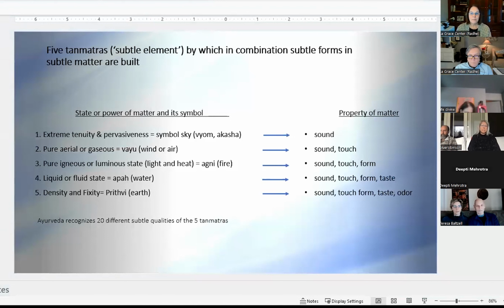It's very interesting how the rishis describe these, because they end up using what Sri Aurobindo calls conventional symbols as they come across different substances in the subtle realm. They look around, which is what conventional symbols are.